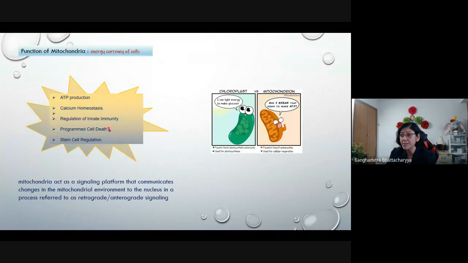Calcium homeostasis and programmed cell death are also important functions that maintain mitochondrial biogenesis. Apart from this, the other most important function of mitochondria is that it acts as a signaling platform that communicates changes between the mitochondria and the nucleus through retrograde signaling, or between the nucleus and the mitochondria through anterograde signaling.